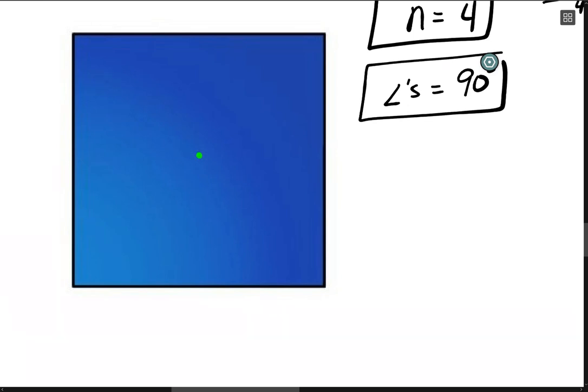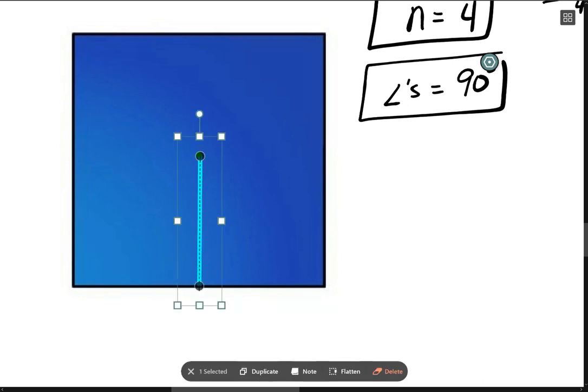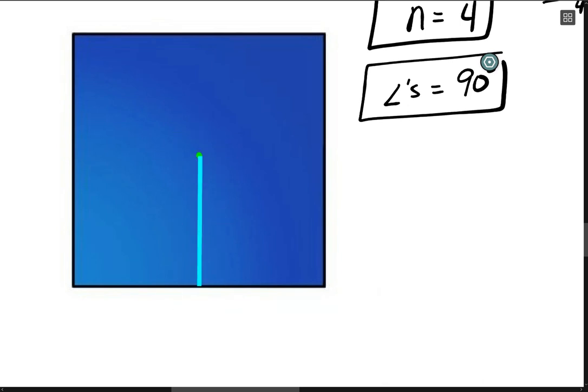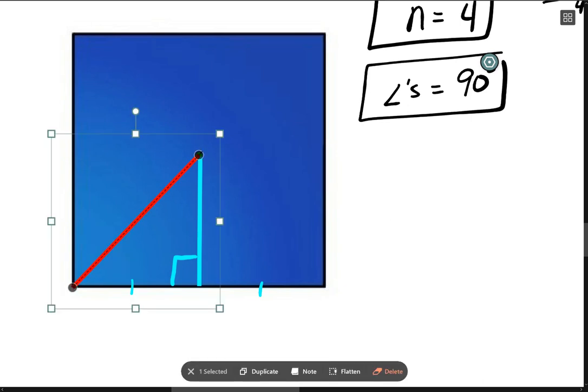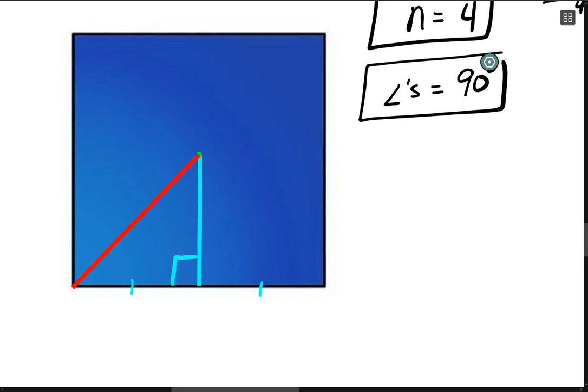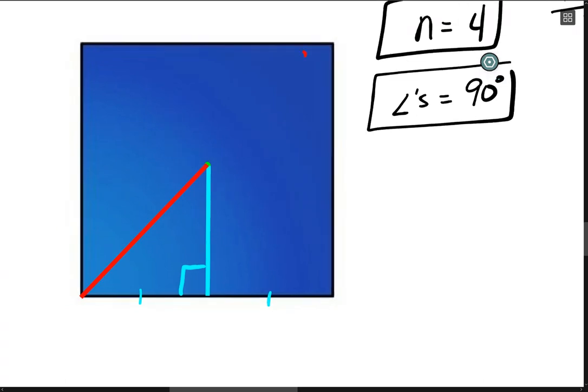There's my center. Let's draw the apothem. It creates a right angle and cuts this in half, doesn't it? Let's draw the radius. What is each angle? 90 degrees.